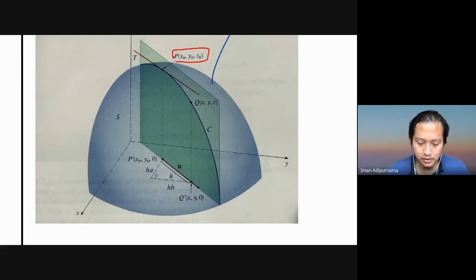And if we are trying to make, so imagine we have C that is on our surface. And the vector u, we want to project the vector at some point here, the Q and Q prime. Okay, this is the projection.